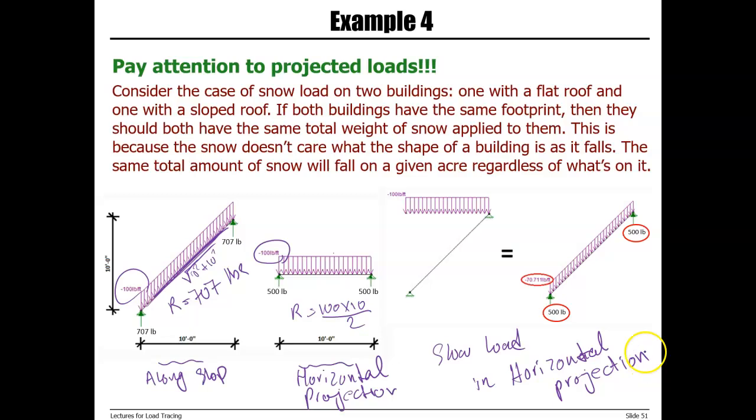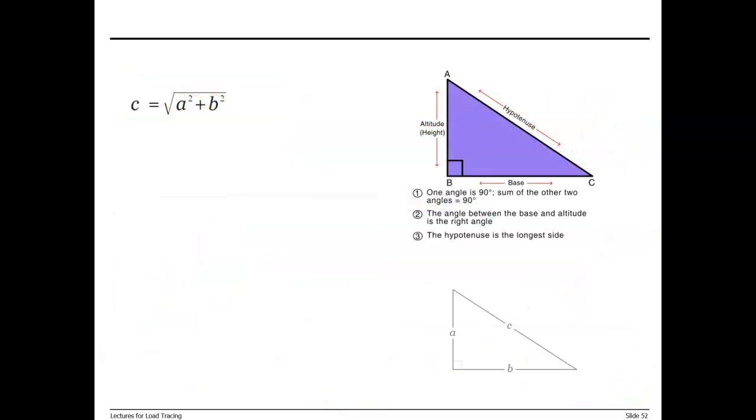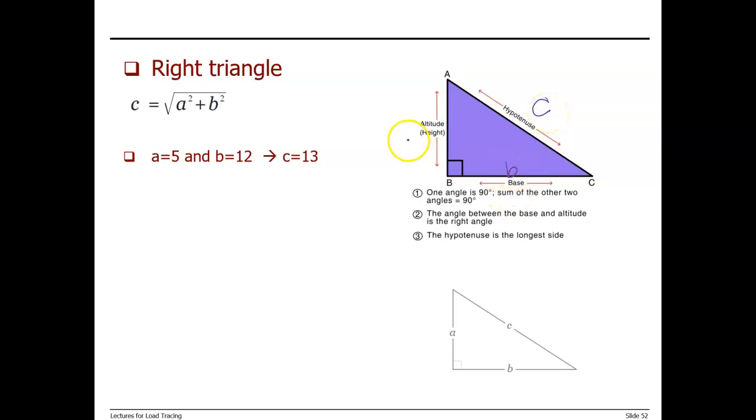So for your class, for the examples that we will go over, when you see a snow load, assume that it's under horizontal projection. I also wanted to review this concept that for right angle, if we say this is C, base is B, and height is A, then C is equal to a square root of A to the power of 2 plus B to the power of 2.